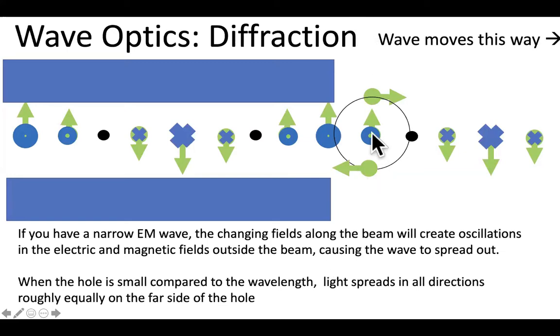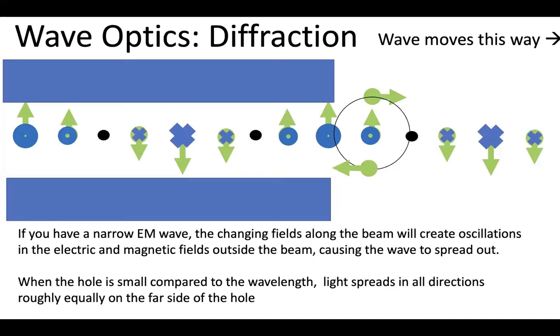It'll go up, down, at any diagonal with equal intensity. Now, it can't go back through the hole very well, but this is kind of the extreme case, if you just consider what things like Faraday's law force to happen.